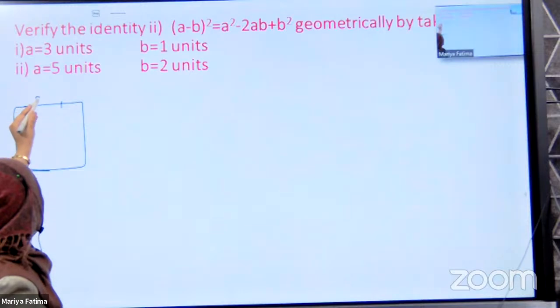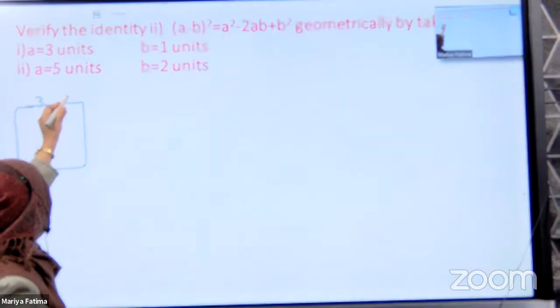So this is your 3 units and this is your 1 unit. This is A and this is your B. And here also this is your A and this is your B. Here also A is equal to 3 and B is equal to 1. And in the same way, this side also A is equal to 3 and B is equal to 1.